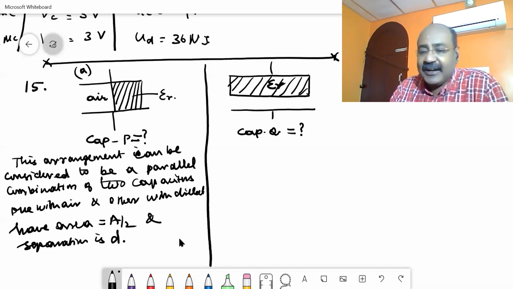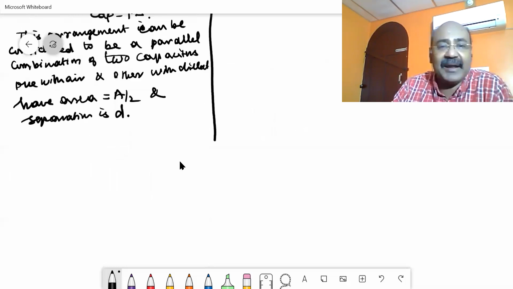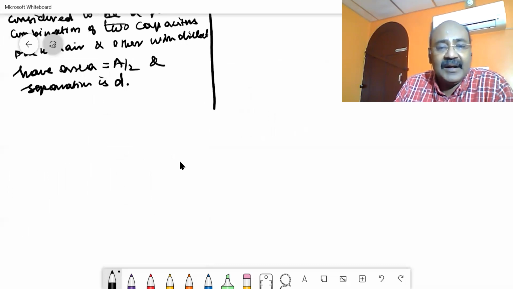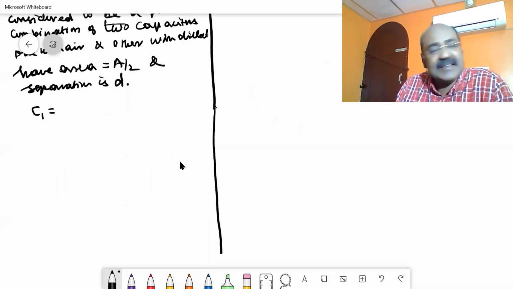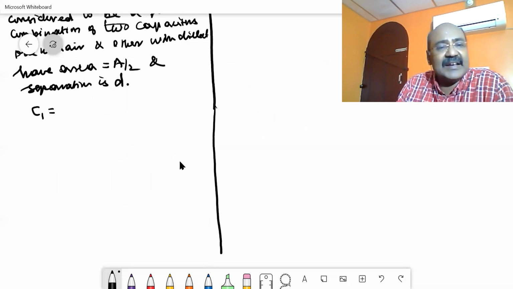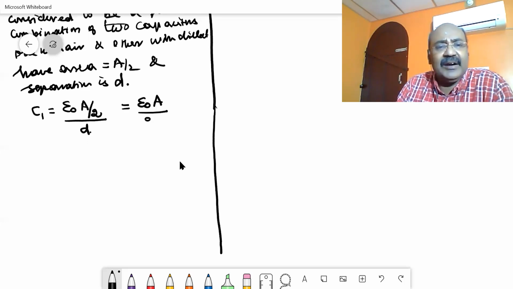What will be the effective capacitance then? I will be completing this. You see, I'm writing here. The two capacitors are, one is with the air, that is C1. What is C1? I can write it as epsilon 0 into A, instead of A I have to put A by 2, divided by D. Or C1 can be written as epsilon 0 into A divided by 2D.